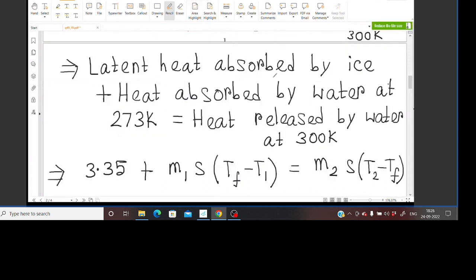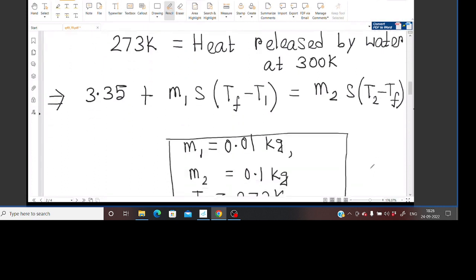The latent heat absorbed by ice is equal to 3.35 kilojoule as we have derived before, and the heat absorbed by water at 273 Kelvin equal to m1 into s into Tf minus T1, and the heat released by water at 300 Kelvin is equal to m2 into s into T2 minus Tf.